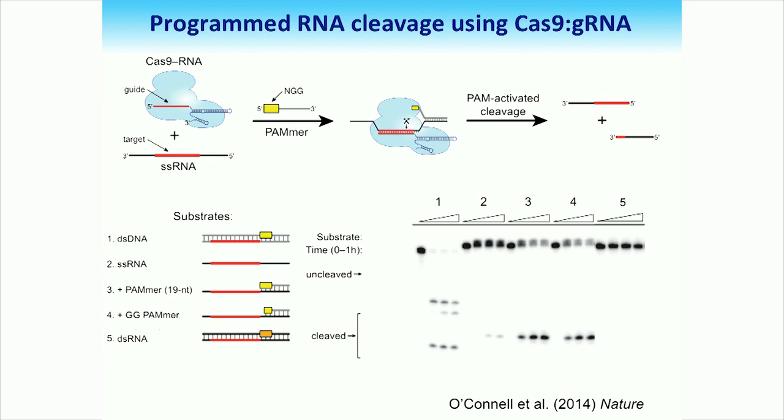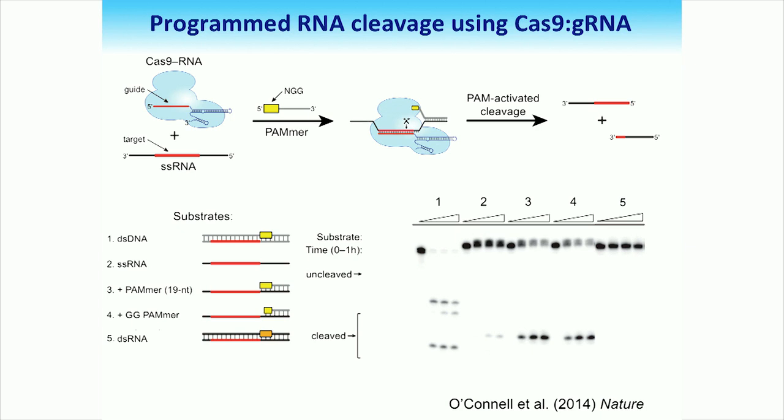So of course, a double-stranded DNA is a very robust substrate, as I showed you before. If we incubate a single-stranded RNA target with the complex, it's a very lousy substrate, but as soon as we include one of these PAMmer oligos that contains the GG dinucleotide of the PAM, we can see pretty robust cutting of the RNA.